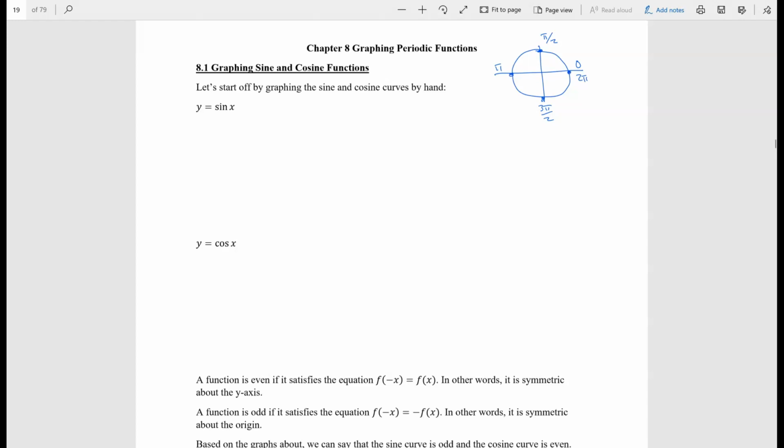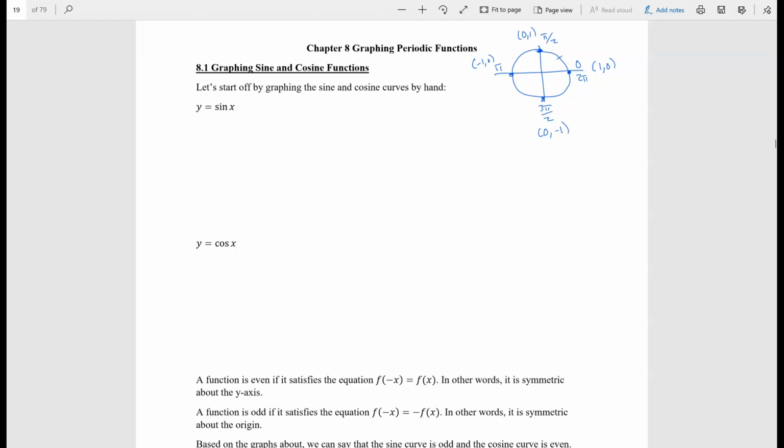So, for example, this guy is just going to be 1, 0. The point here at pi over 2 is going to be 0, 1, then negative 1, 0, and then 0, negative 1. So these are much nicer numbers.